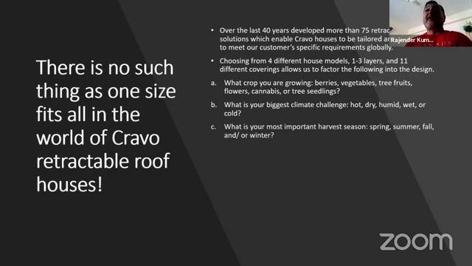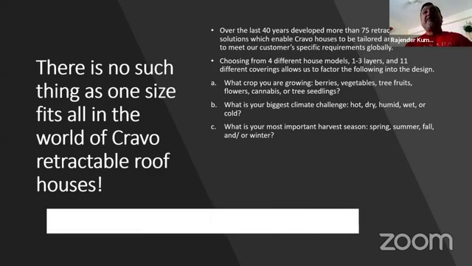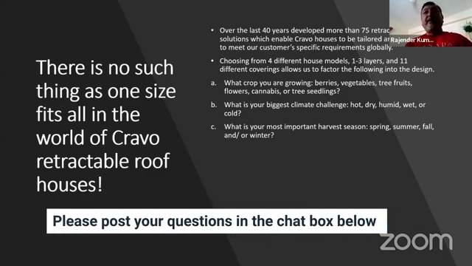What is the most important harvest season? Either it's spring, summer, fall, and or winter. Mostly in India, because we have higher prices either in summers or rainy season. Because when open field production is not there, only then we can get the higher prices.